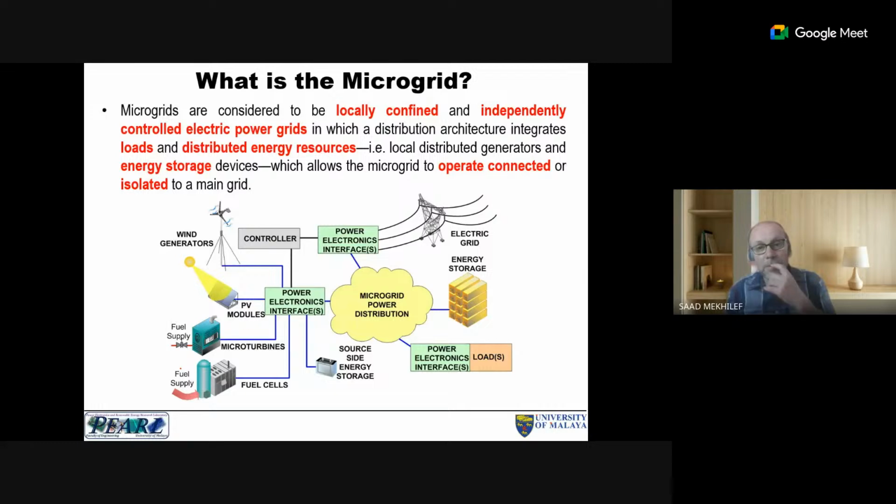Maybe if you are in the deserts, where there's a lot of sun, you can have solar, maybe storage, maybe a diesel generator, or maybe the grid itself. So this depends, because we have two types. We have either grid connected or what I call isolated or independent. So you have these two options.